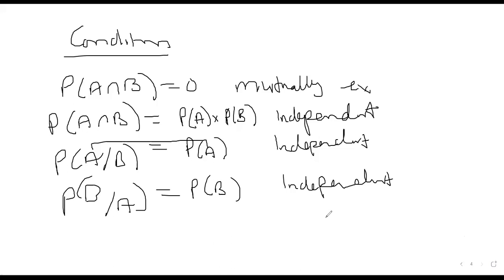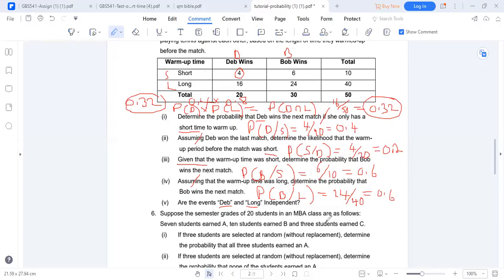Mr. Collins, could you kindly explain the last question, the Deb and Long one? I think I'm a bit lost on that one. If they're independent? Yes. I know you said for us to know that they are independent, the events of the two need to be the same, isn't it?